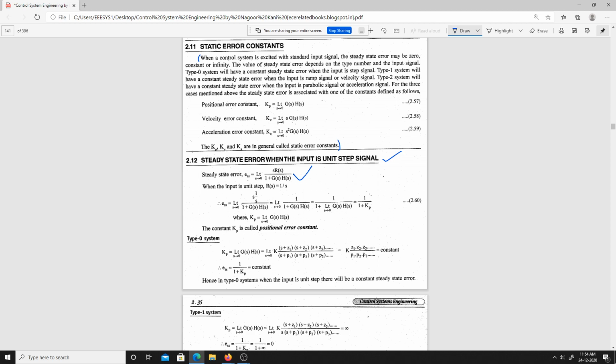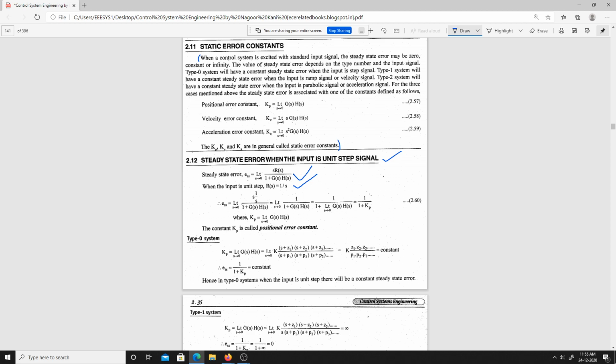Here we are analyzing the unit step input. Is it clear? So when the input is a unit step input, what is R(s)? R(s) is nothing but 1 by s. I am replacing R(s) with 1 by s.